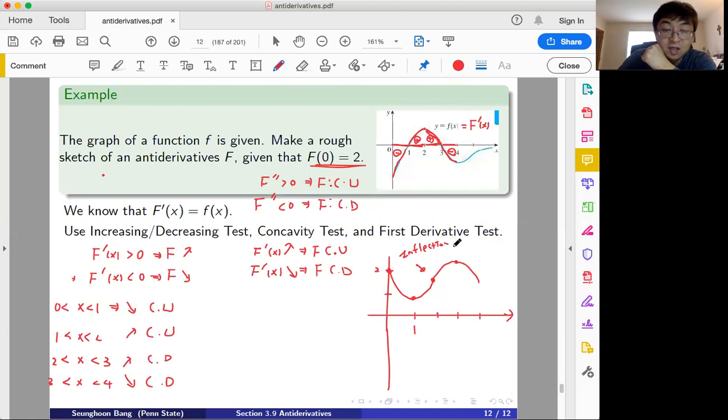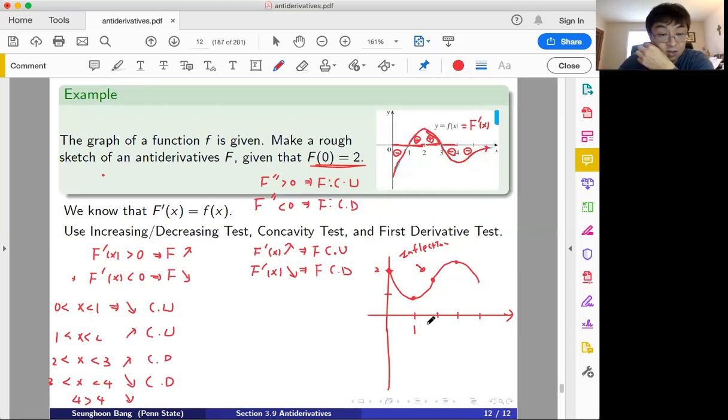Concavity changes at 2 as well. Now x greater than 4. The graph of f is below the x-axis, so F is decreasing. Concave up or down? Concave up, because f is increasing.